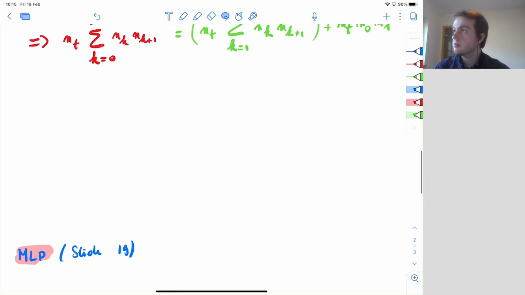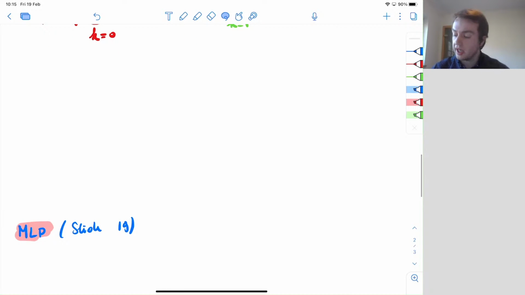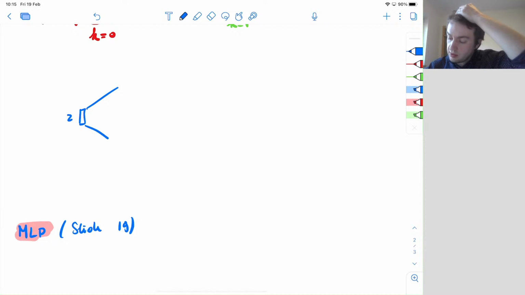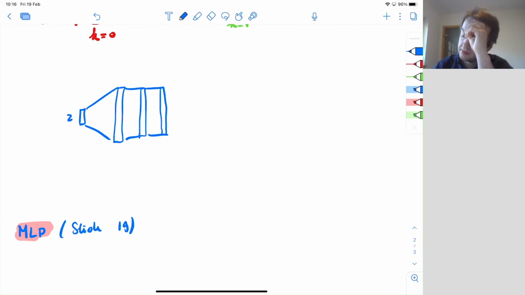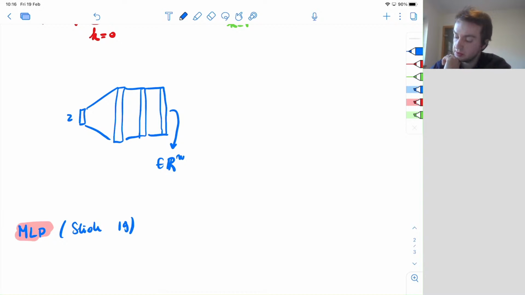So, what is the GAN? First, I will just try to explain very quickly. The goal of GANs is to have a neural network that takes as input some small vector z, and then this network would be architected in some way, which we'll see later on. But let's say it's like this. And what is specific to this network is that this output here is an image of some size, right?